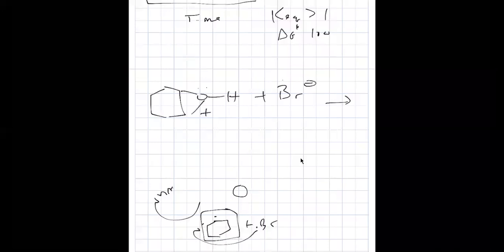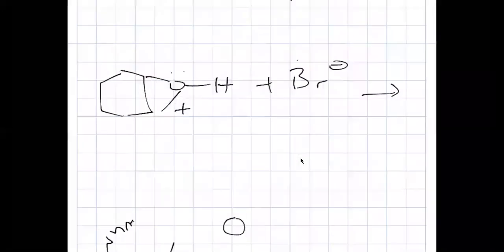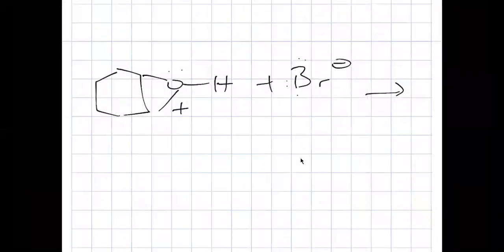And then keep in mind, bromine has 4 lone pairs around it. That's why it's negative. All right, so this is not going to hit oxygen, right? It's going to hit the carbon, because oxygen can't take anything else. It's got a lone pair and 3 bonds to it. So that's a total of 8 electrons. So it's already got a full octet. So it's not going to hit oxygen.